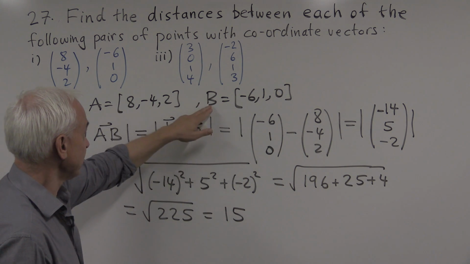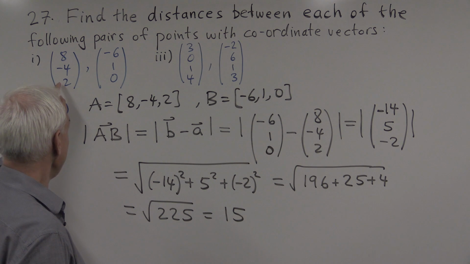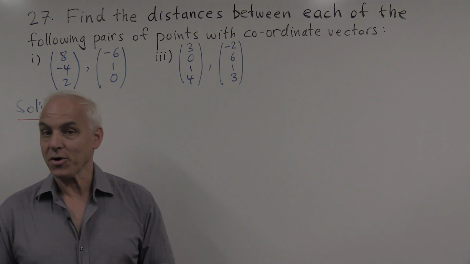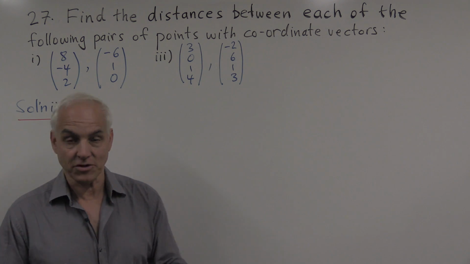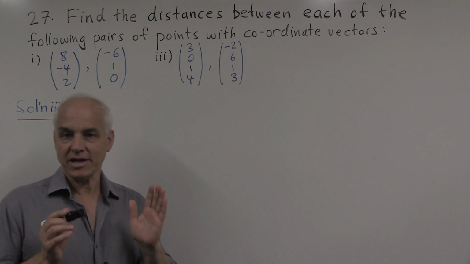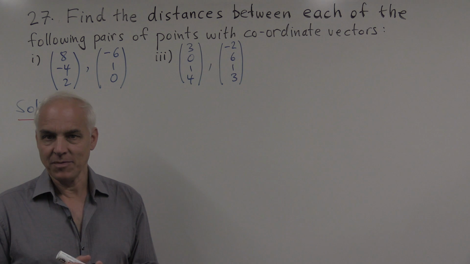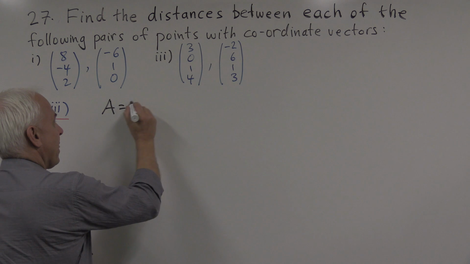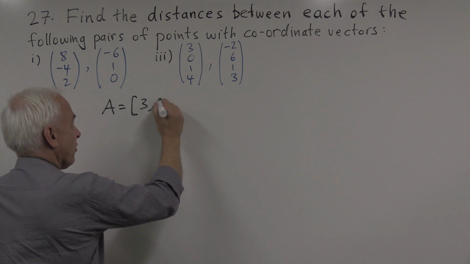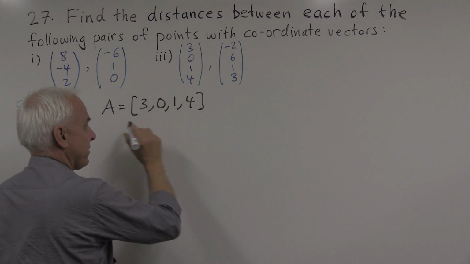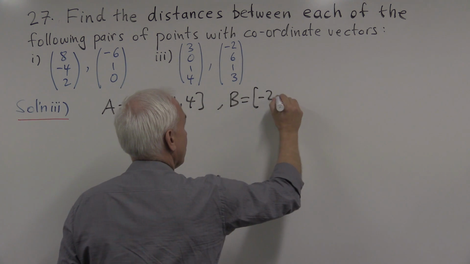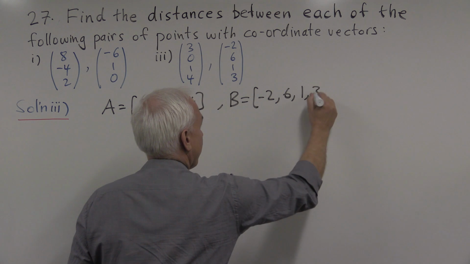These are the 2 points whose coordinate vectors are these ones right here. All right, now for part 3, we're working in 4 dimensions. A little bit harder to visualize, but the algebra is pretty well the same as it is in 3 dimensions. So now the 2 points are 3, 0, 1, 4, called A, and B, which is minus 2, 6, 1, 3.